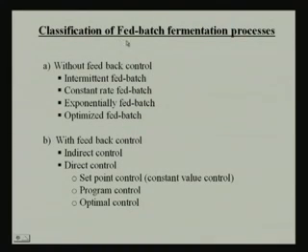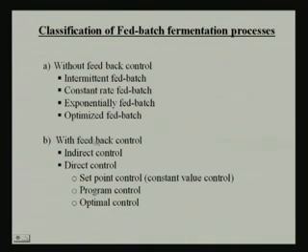Coming to the fed batch fermentation process, it is also without feedback control and with feedback control. When we are going for this feedback control, we can see that it is intermittent fed batch, constant rate fed batch, exponentially fed batch and optimized fed batch.